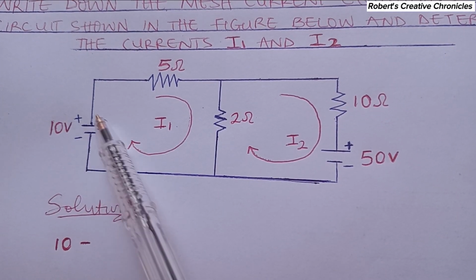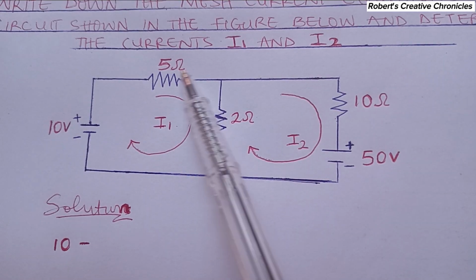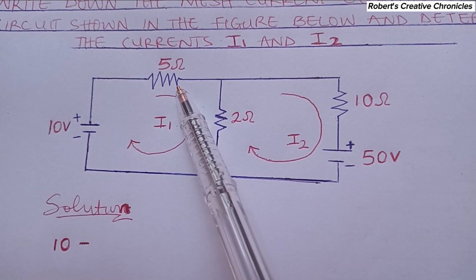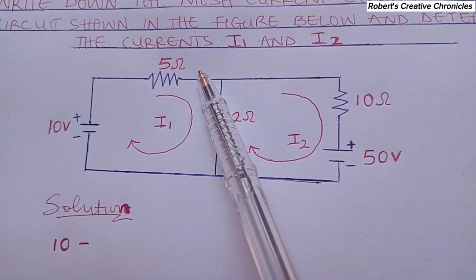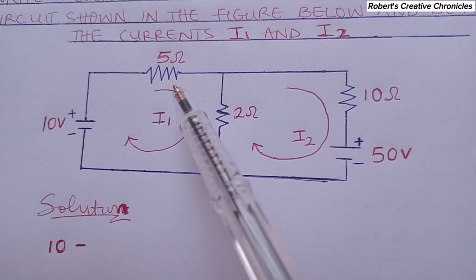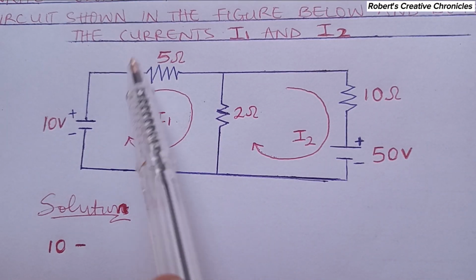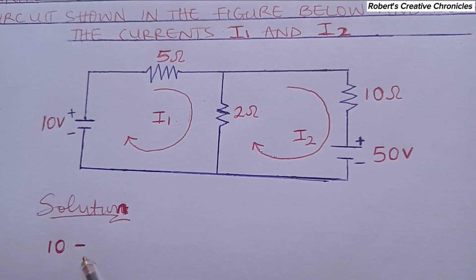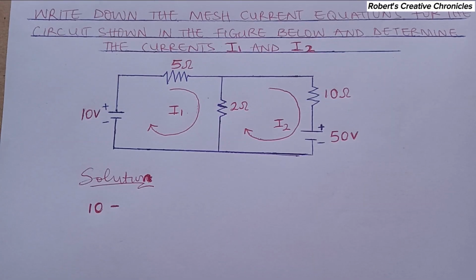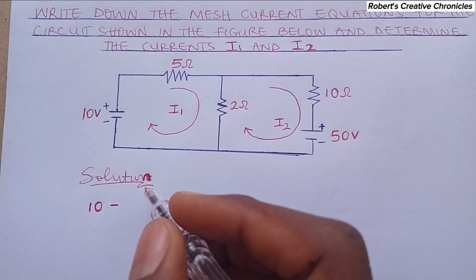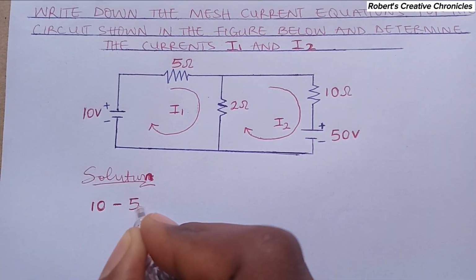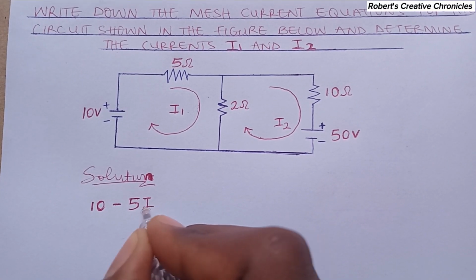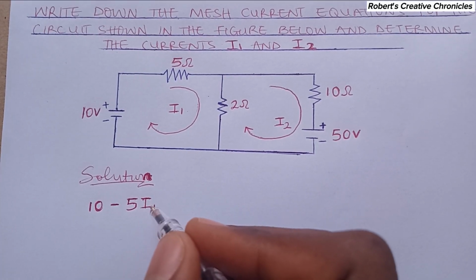It's not because of this sign here. All currents through resistors or through circuits move from higher to lower potential. So since we are following this current, we are moving from higher to lower potential. So the voltage here will be negative 5, which is the resistance, times I1, which is the current.